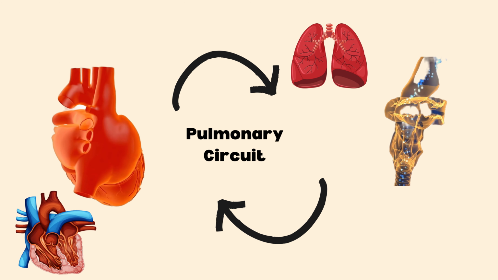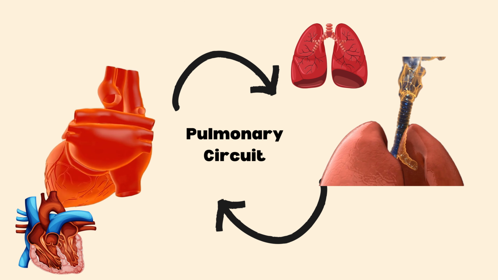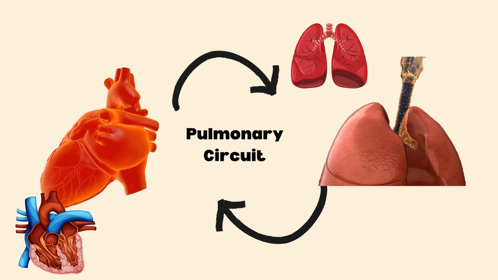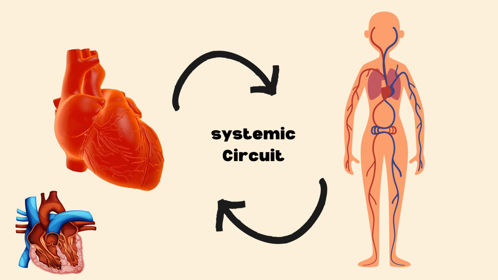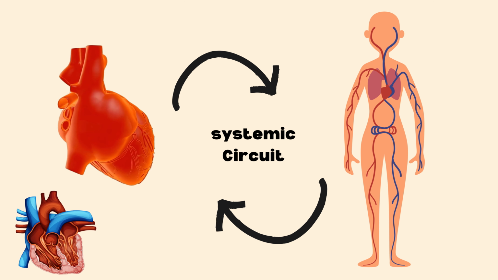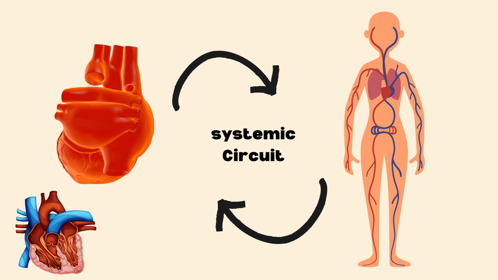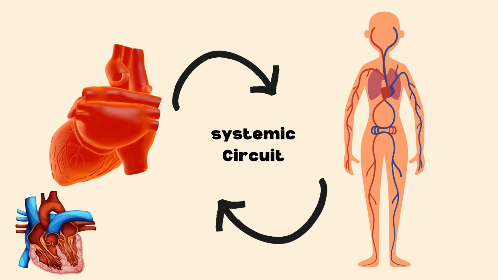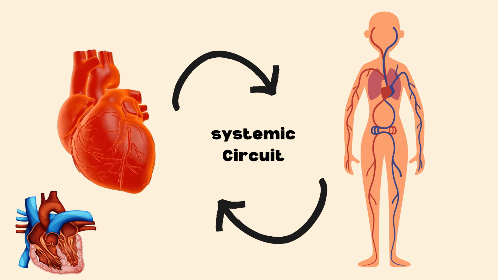That is, the movement of blood from the lungs to the heart and back to the lungs. The systemic circulation involves the movement of blood between the heart and other parts of the body besides the lungs. That is, it is the movement of blood from the heart to the body and back to the heart.